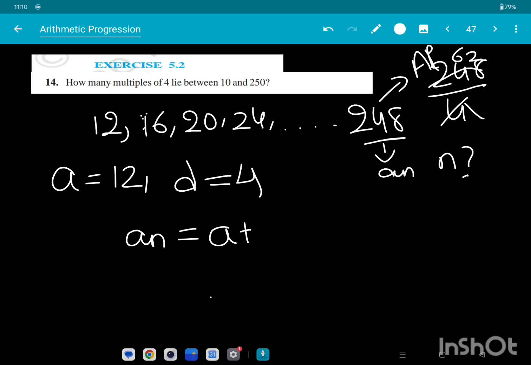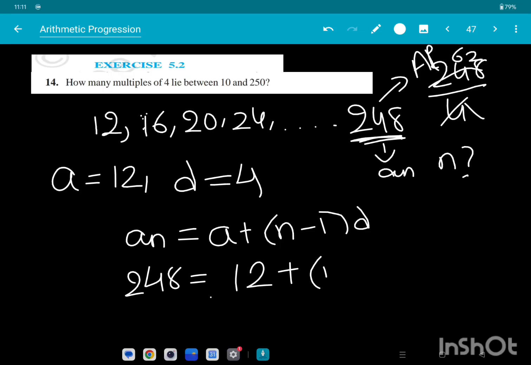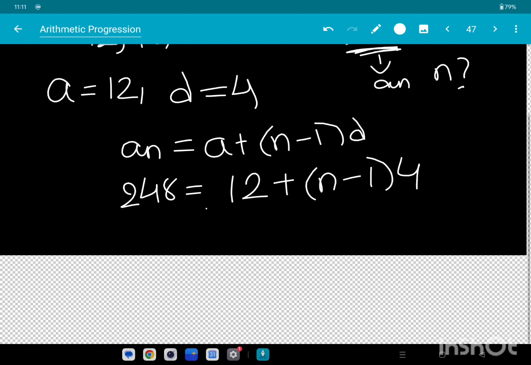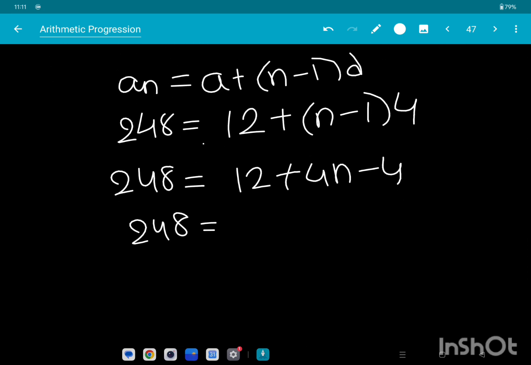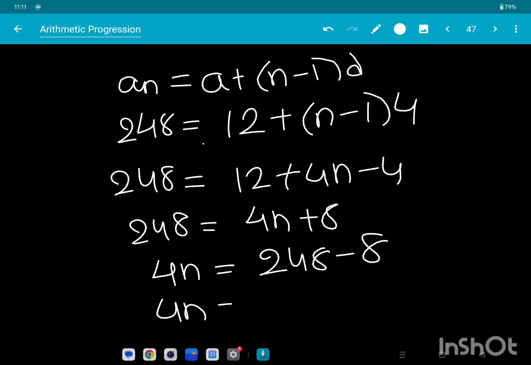an is equal to a plus n minus 1 into d. What is the an value here? What is the last term? 248 is equal to a value is 12 plus n minus 1 into d value is 4. So 248 is equal to 12 plus 4n minus 4. 248 is equal to 4n plus 8. 4n is equal to 248 minus 8. 4n is equal to 240.